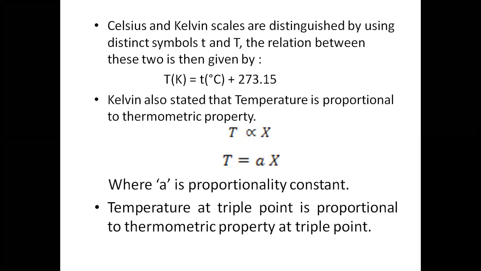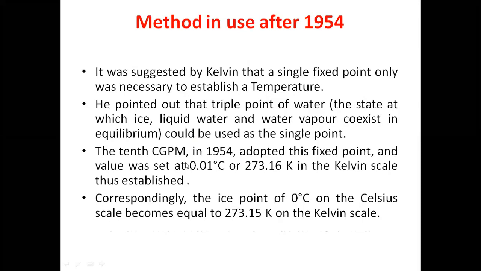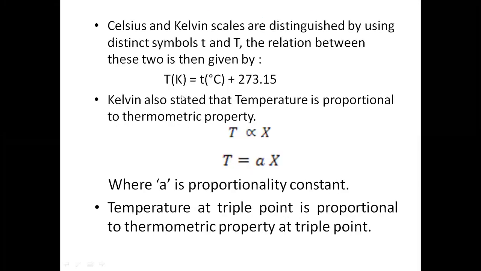We have to add only 273.15. 273.16 is 0.01 degree centigrade, but 0 degree centigrade means 273.15. So to convert a centigrade value into a Kelvin value, we have to add 273.15. That is the relation between the Celsius and Kelvin scale.